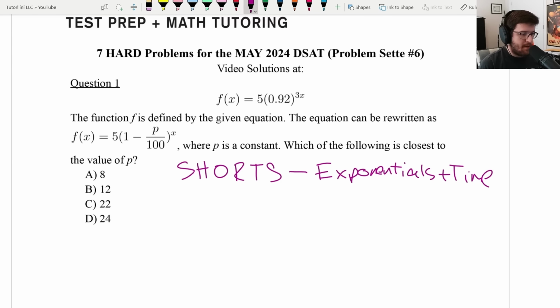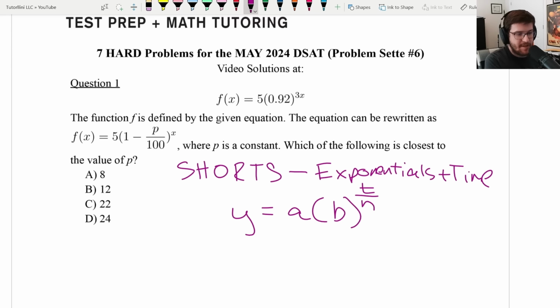All right, so this is testing us on the equation y equals a times b to the t over n. Now, I go over this in the videos, guys.